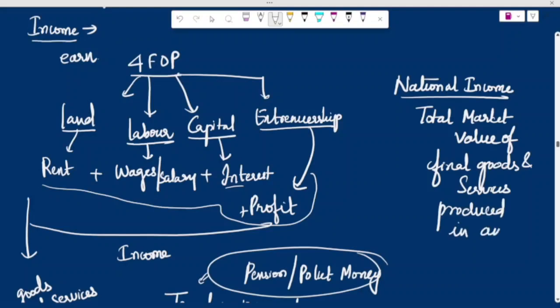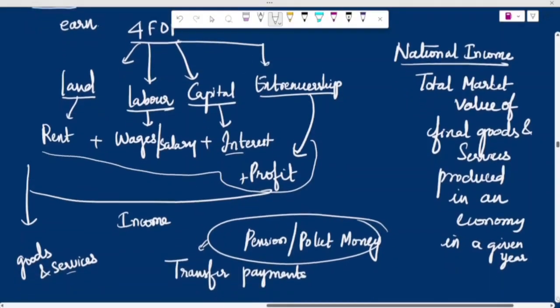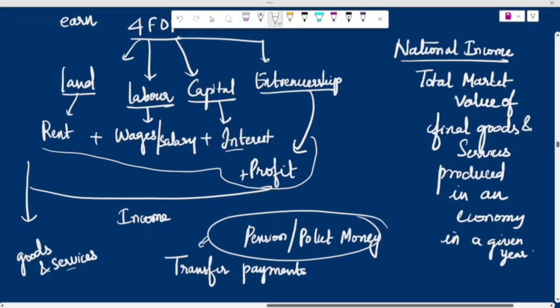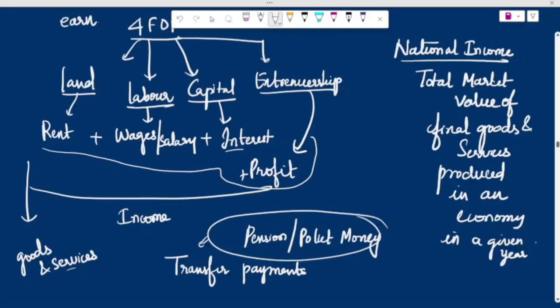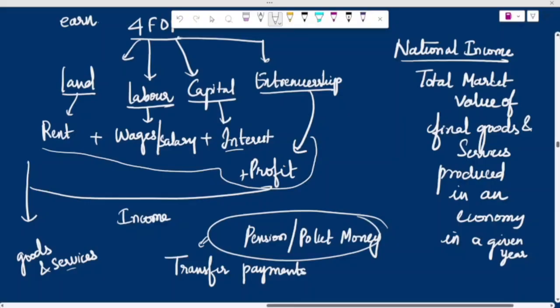Recently, for making it easy, government has used the word tax year. Before we used to use financial year and accounting year. Now everything is called tax year. Okay. So national income, what is the definition? Total market value of goods and services produced in an economy in a given year.